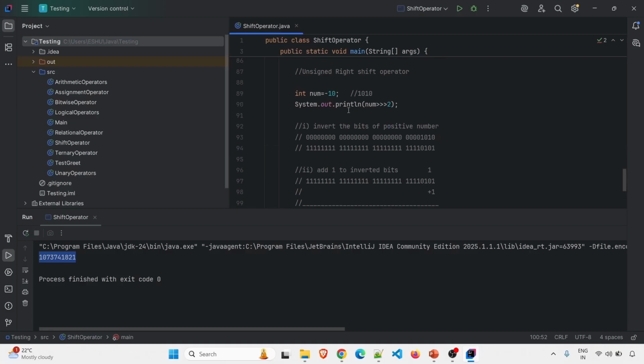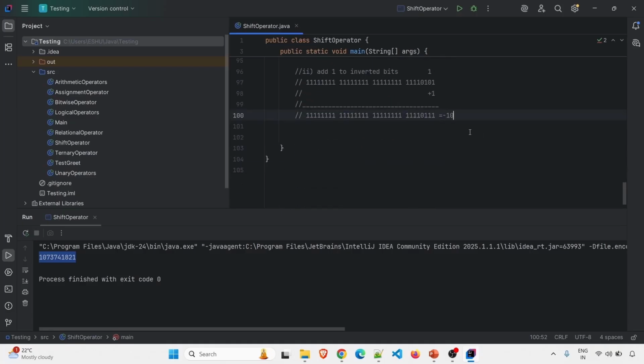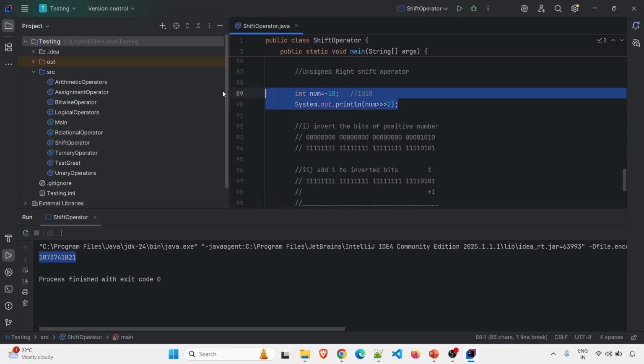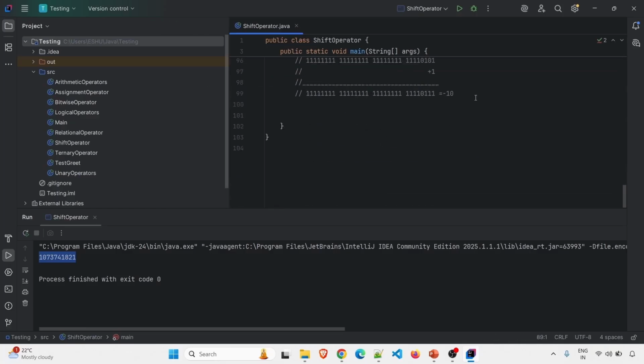Now we have to perform the unsigned right shift operation. How is it done? I will just copy this piece of code and paste it below. Now we have this representation for -10.